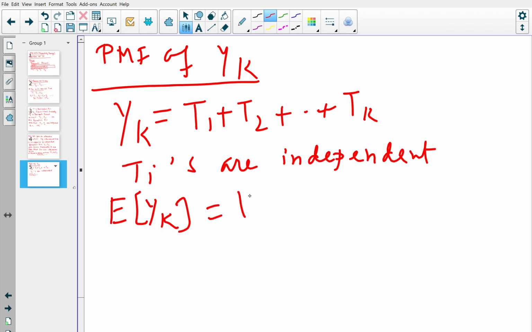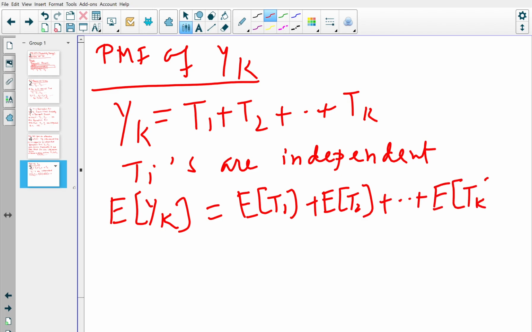By our formula, it will be the expected value of T1 plus expected value of T2 plus expected value of Tk. Because Ti's are all geometric, this will be 1 by p plus 1 by p plus 1 by p. So the answer will be k by p.